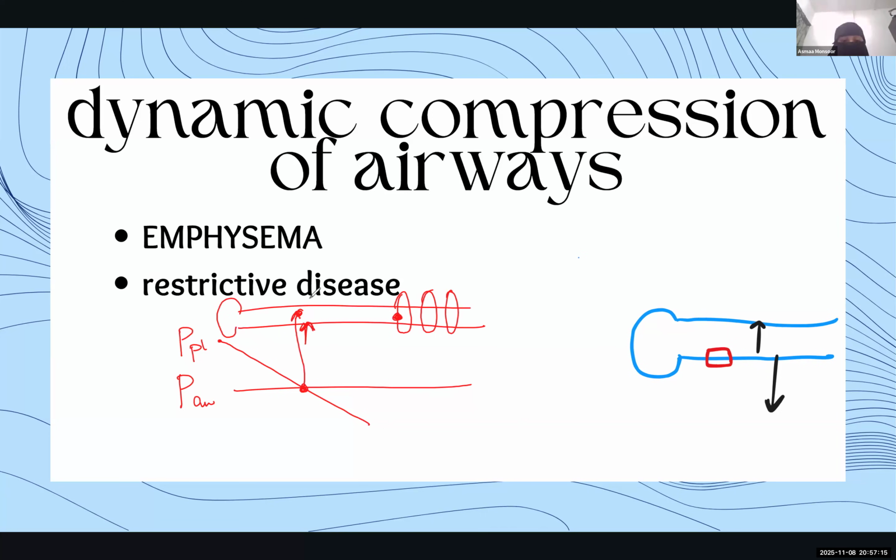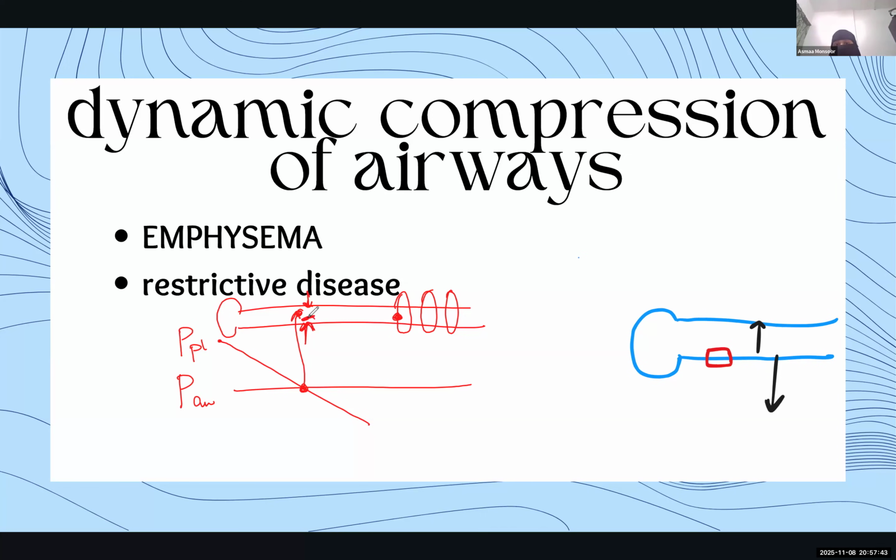So when the person is exhaling, the pleural pressure, which was supposed to be high but is not high now, falls very rapidly, pushing the equal pressure point closer to a place that does not have cartilage. Now the airways are compressed and occluded, and this will not allow air to come outside easily. Did you get what I mean?